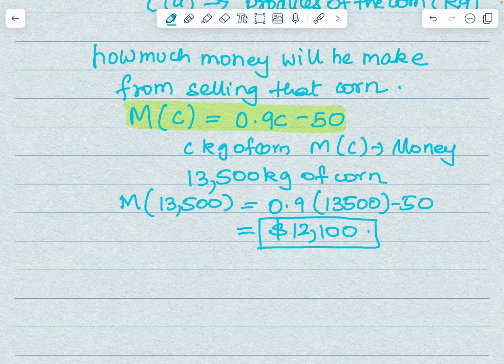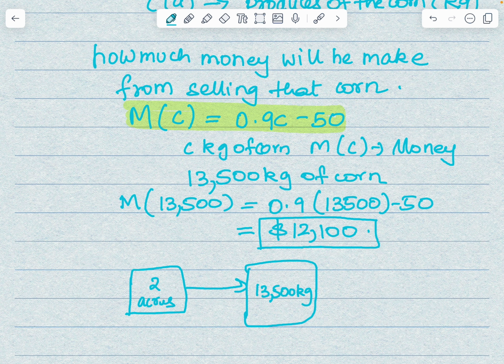Visually, he had 2 acres of land, then he planted the corn and he got 13,500 kilograms, and then from that he got $12,100.